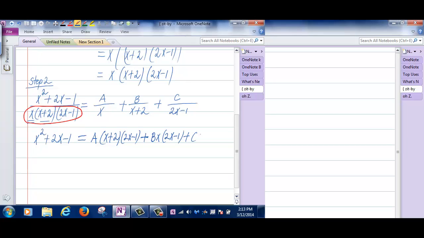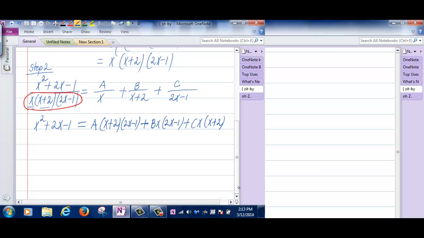And then c will be multiplied with x and x plus 2. Everybody's okay? So we multiplied both sides by the denominator on the left. So we get this.